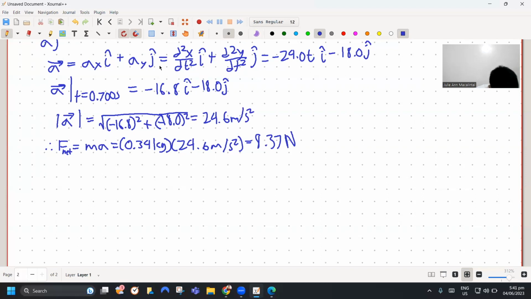So 8.37. Okay. Tapos angle naman nung net force. Mag-drawing ka ng XY plane tapos i-mark mo dun yung vector para madaling ma-identify anong angle ang kailangan mo i-compute.